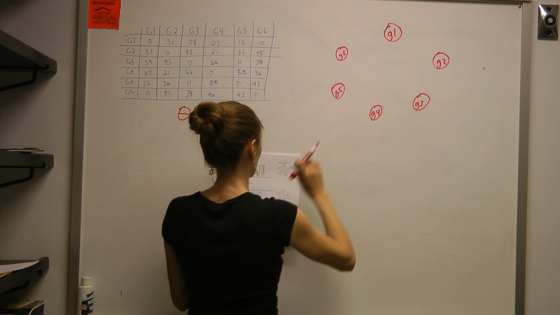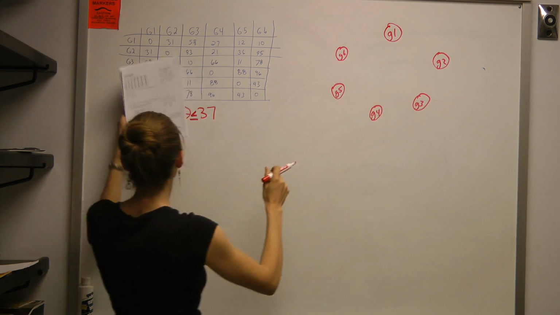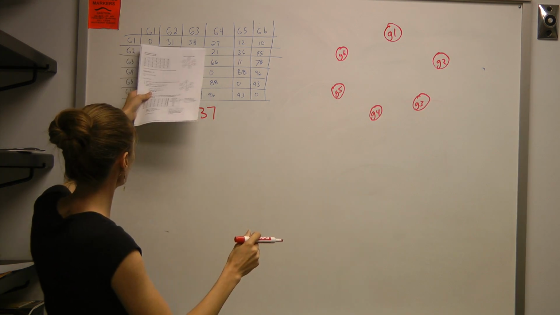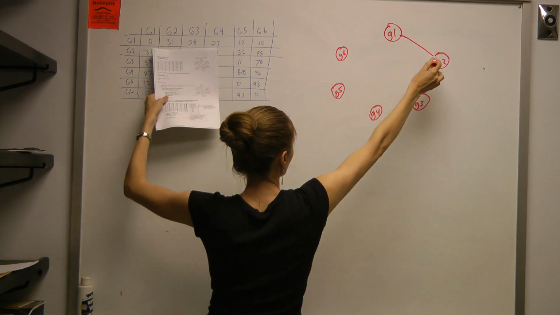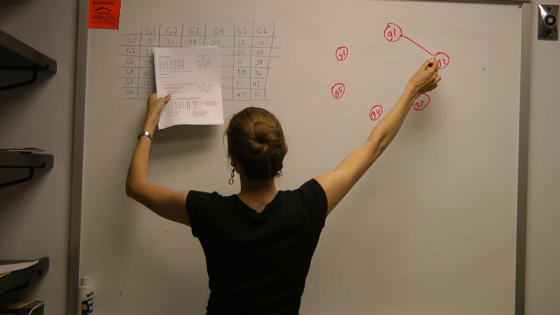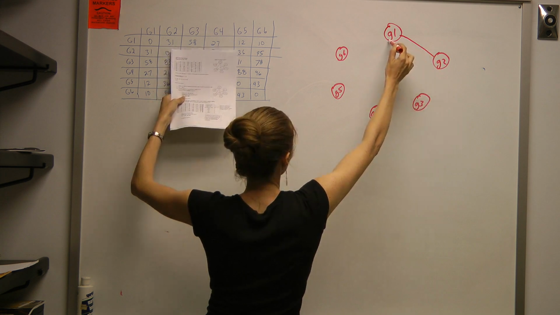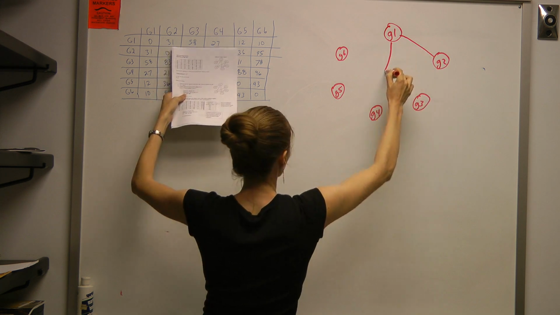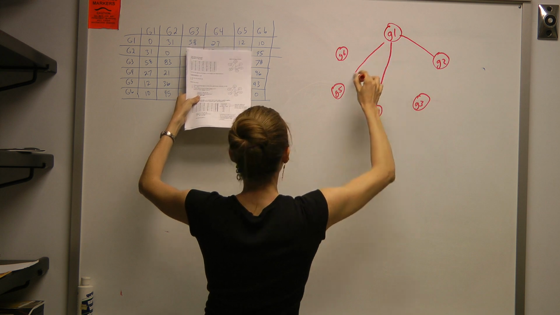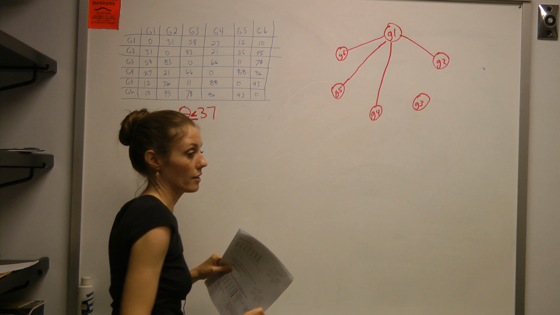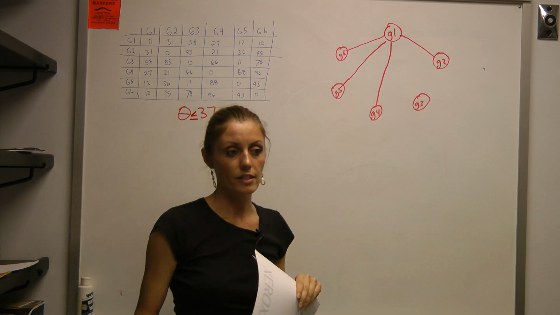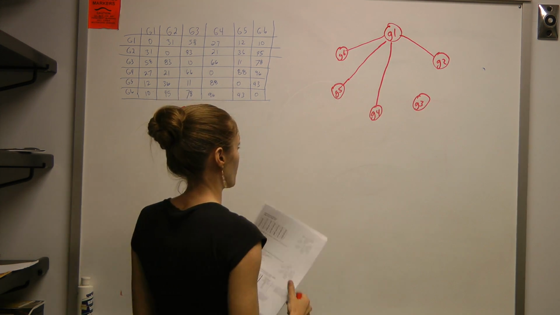I missed one in my original sample, but if you look at gene 1, it has an edge between G1 and G2, G1 and G4, G1 and G5, G1 and G6, because they are all at a distance of less than or equal to 37.